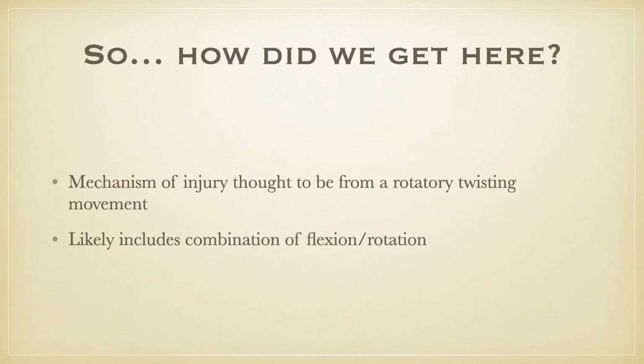So, how in the world does this become a problem in the first place? Well, in experience for myself, for other people, really the mechanism of injury is thought to be from rotational movement, twisting movement. Usually it can even occur with combined flexion and rotation, which, when you think about it, is also the typical presentation for somebody that may have a disc injury.